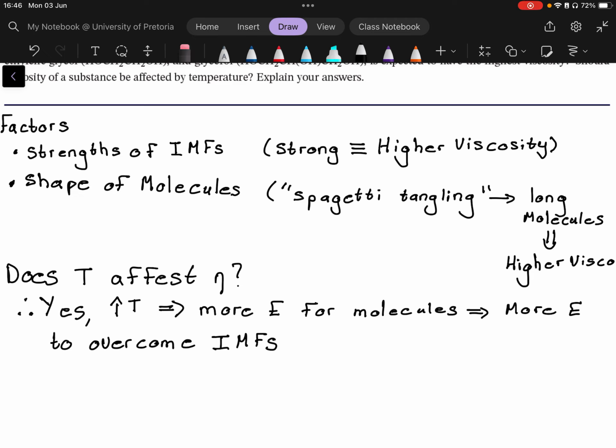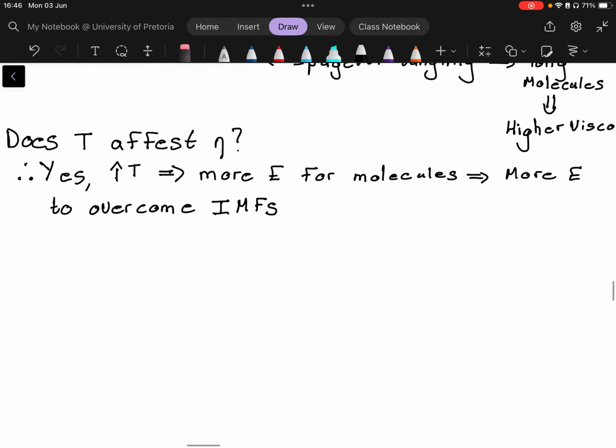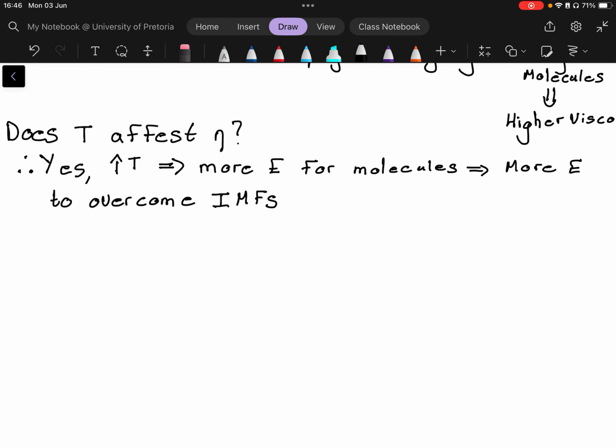So the hindrance that we just spoke about keeps them from moving forward, and if you give them more energy, then they're moving. Higher temperature means more movement of molecules. So if viscosity is the measure of the movement of a liquid, then that should increase the movement.